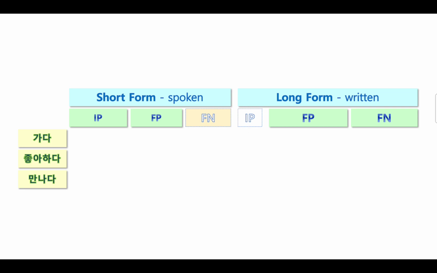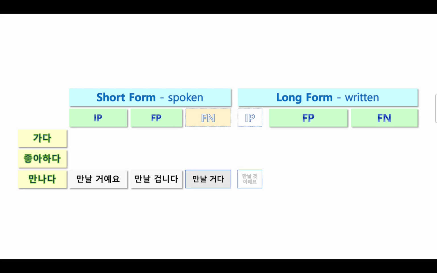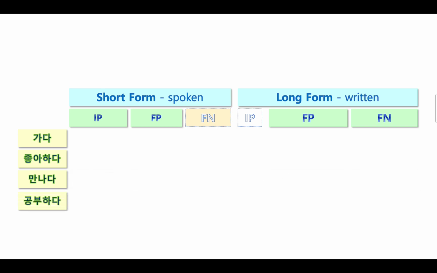만나다. I will meet. Future tense. 만날 거예요. And formal polite, 만날 겁니다. And formal non-polite, 만날 거다. Okay. How about long form formal polite? 만날 것입니다. And formal non-polite, 만날 것이다. 공부하다.